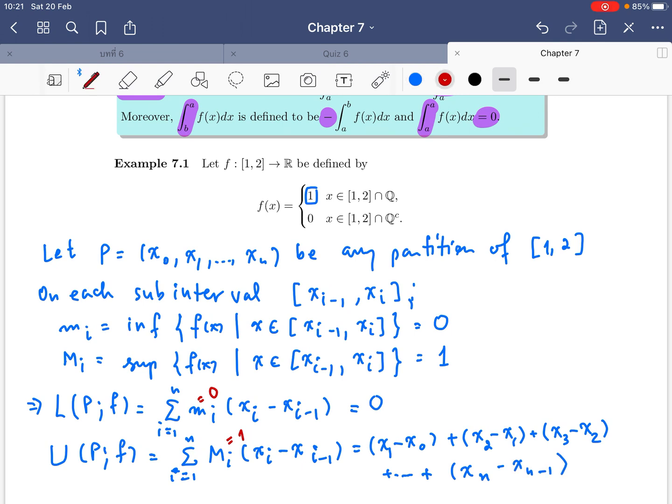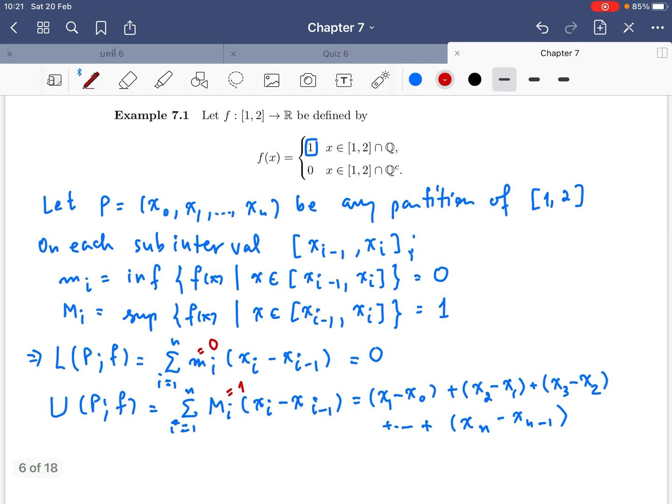You should be able to see that it will cancel like a telescoping cancellation. The first will cancel the last of the next term, and so on.